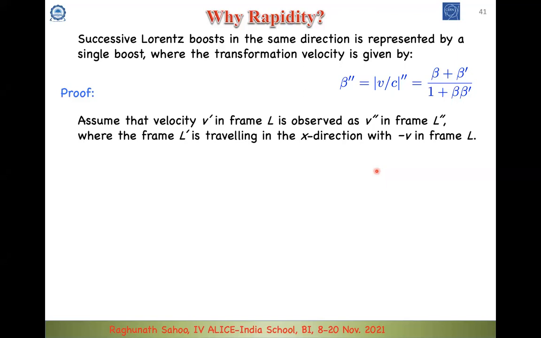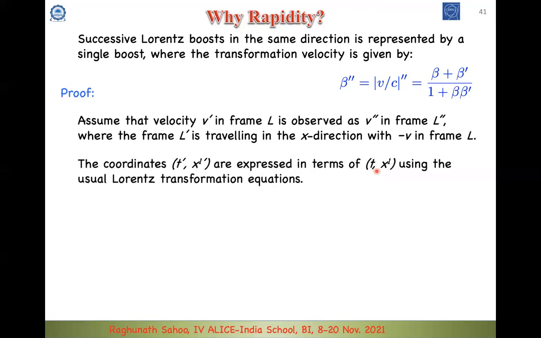So it is like a successive double Lorentz transformation. The coordinates t prime and x prime are expressed in terms of t and x1. So x1 is x essentially, and I may use x1 or x back and forth. We understand that x1 is x, the boost direction.